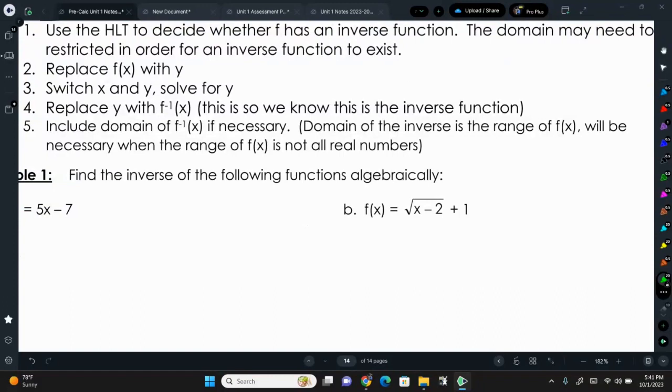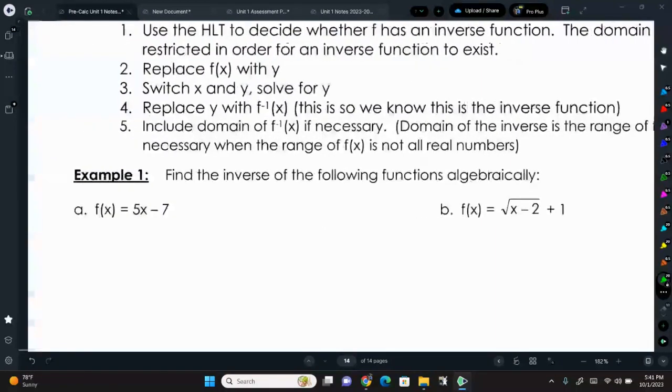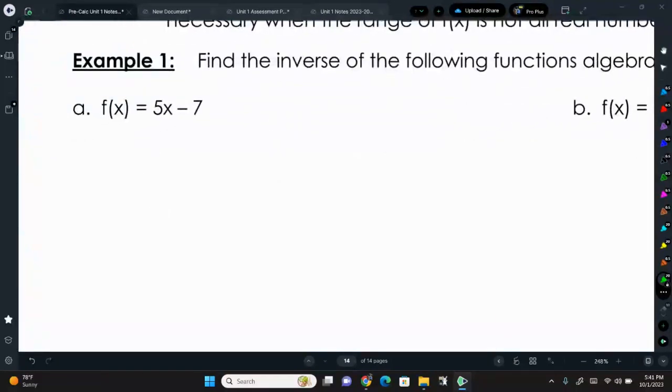So it's sometimes a good idea to figure out the domain and range first of the original, because then we can switch that to get the domain and range of the inverse. So this one, f of x equals 5x minus 7, that's a linear function.